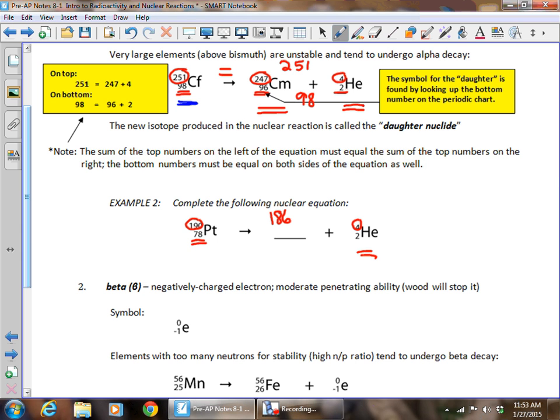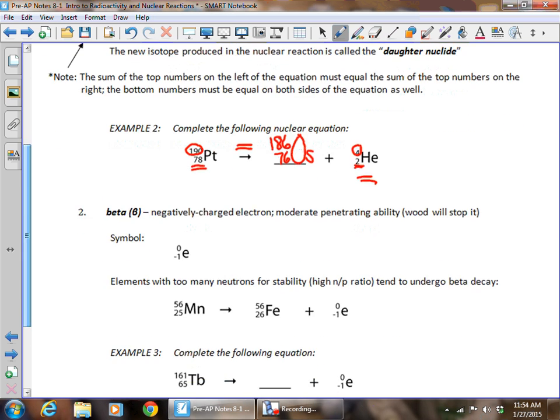If there's a 78 on the left, remember this has to be equal on each side, and there's already a 2 over here on the right, then evidently the bottom number must be 76. So how do we find the identity of the element? It's that bottom number, remember, that we look up on the chart. And if we look up number 76, we see that that is osmium on our periodic table. So that's how we complete a nuclear reaction.